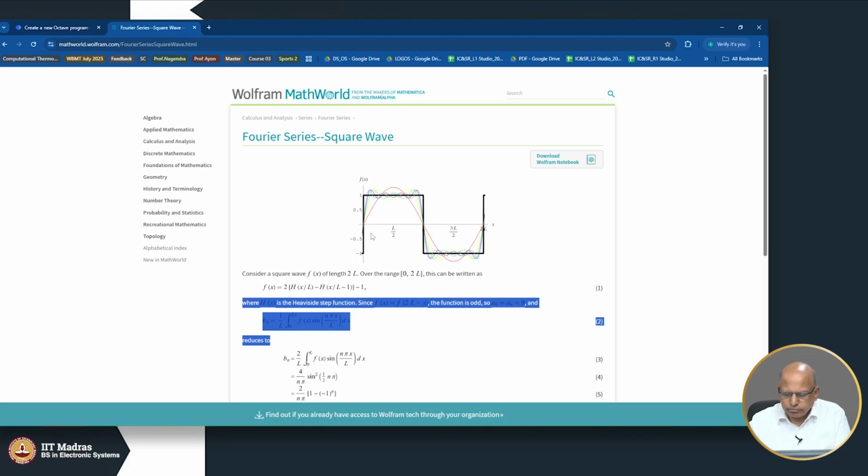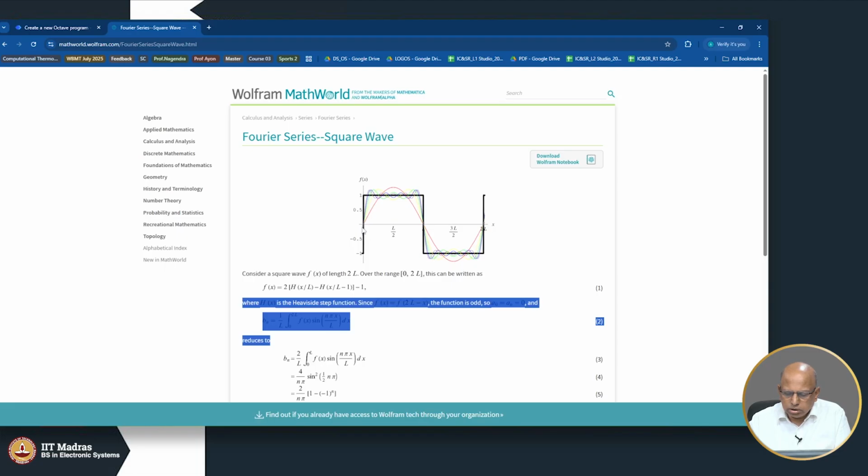The period is capital L. You could have used capital T, which is very common, but they have used capital L.